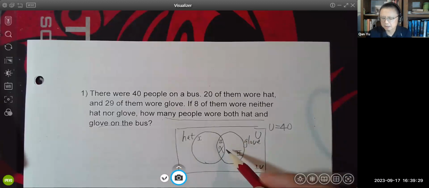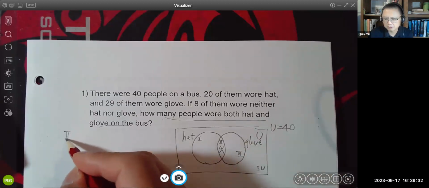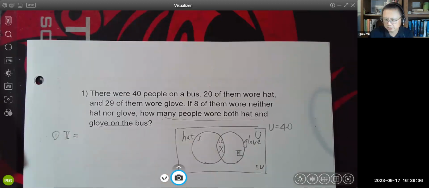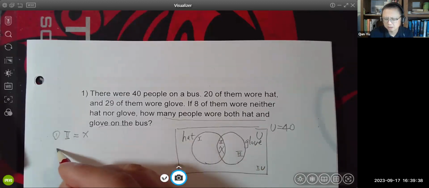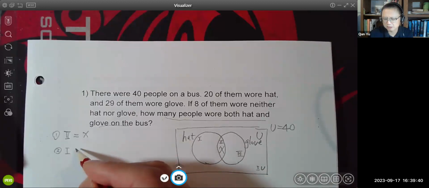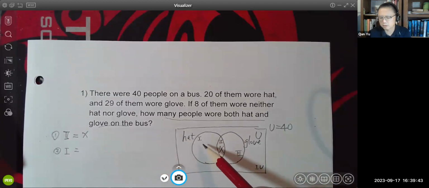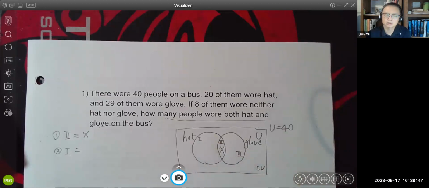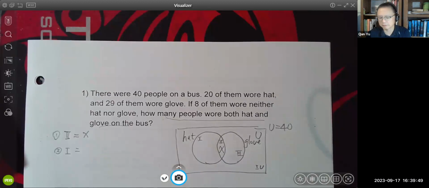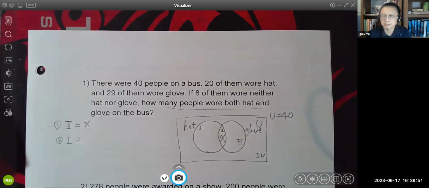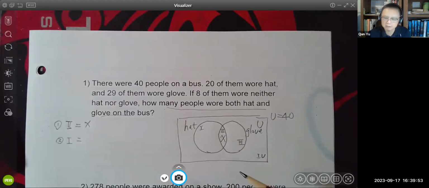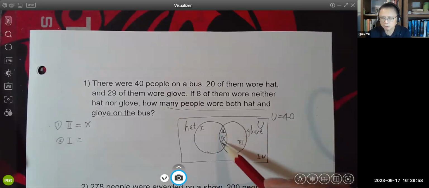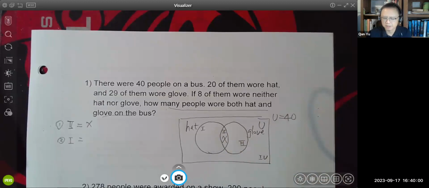Now after we fill in the overlap region, the rest actually is easier to do. This is X. Second step, let's fill in the first region. All of the rest of the regions, like region 1, region 3, and region 4, you can do any one of these first as the next step. Doesn't matter. They have no priority one over another, but you do need to fill in this overlapped region first.